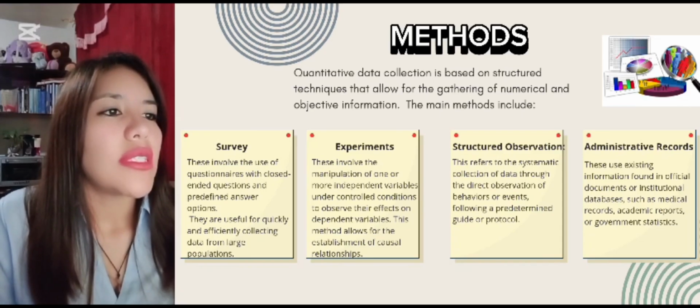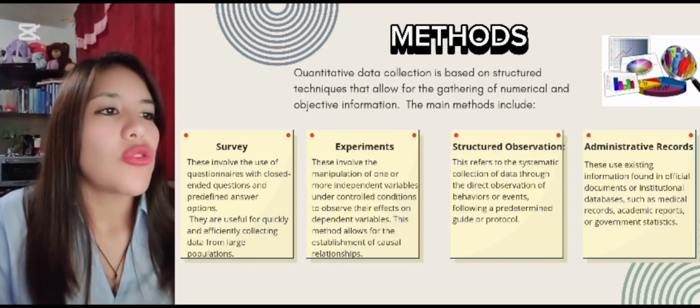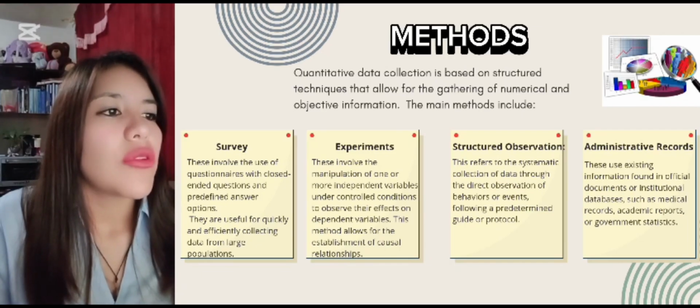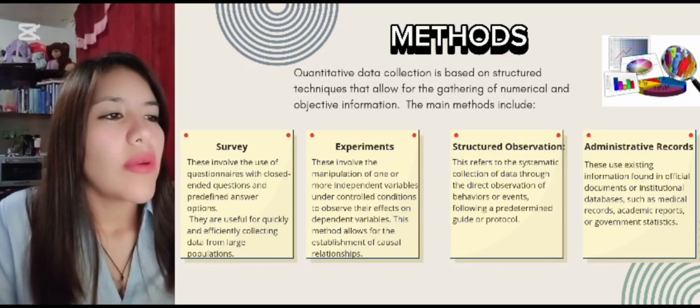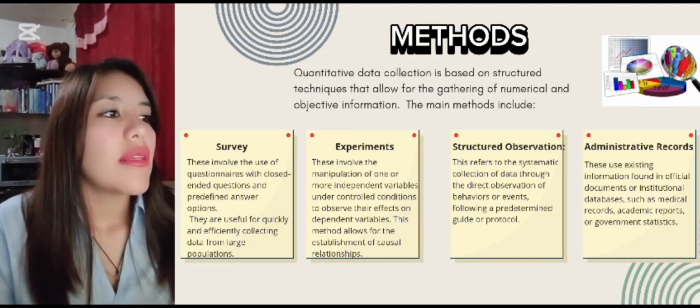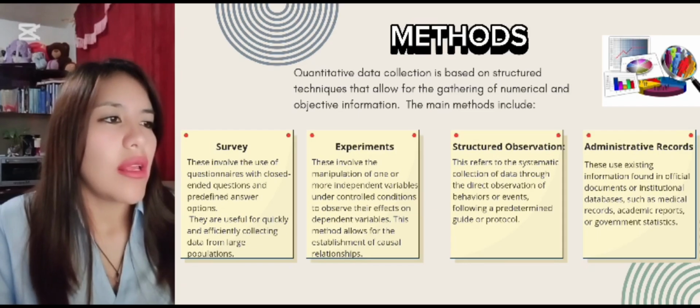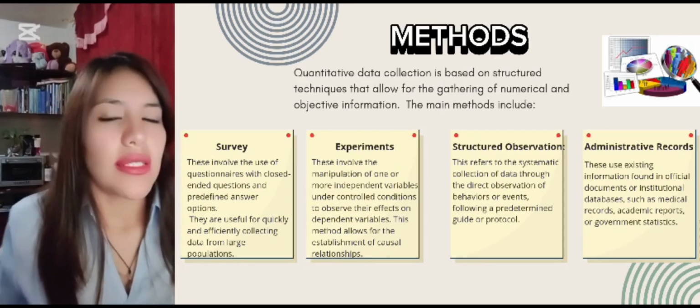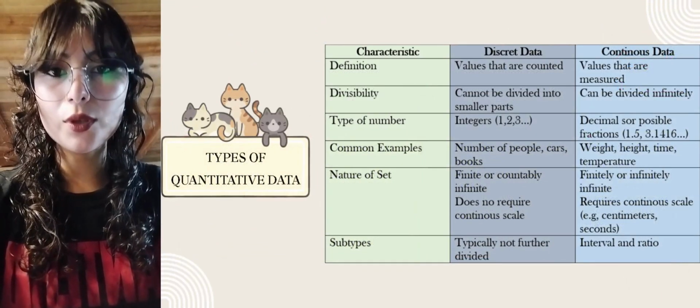This refers to the systematic collection of data through the direct observation of behaviors or events, following predetermined protocols. Administrative records. These use existing information found in official documents or institutional databases such as medical records, academic reports, or government statistics.